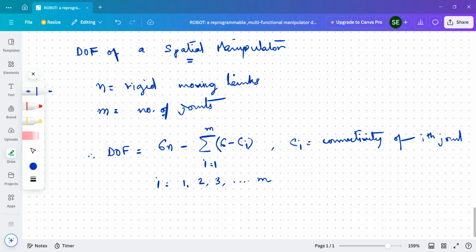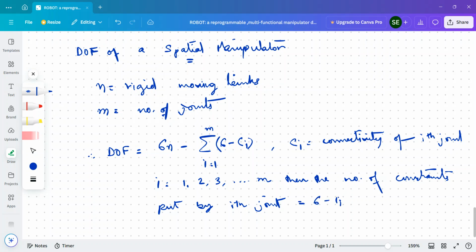Then the number of constraints put by the ith joint is equal to 6 minus ci.